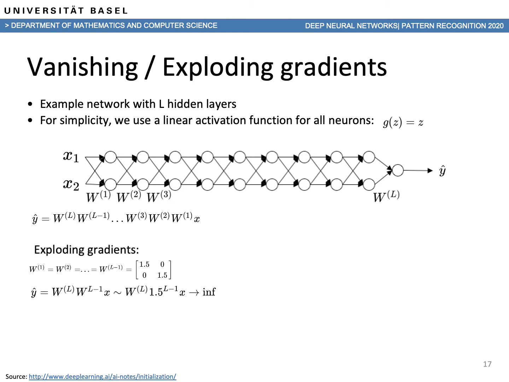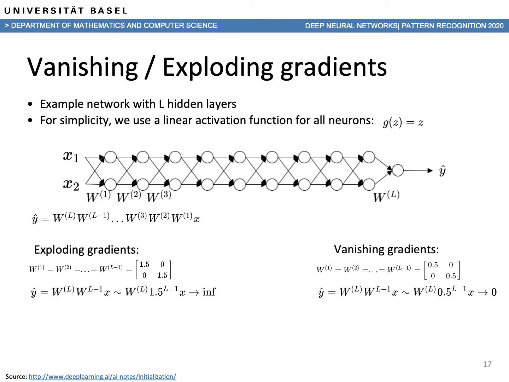And this is what is known as exploding gradients. On the opposite side, if we initialize our values to some slightly less than 1, namely 0.1, then we would see by these many multiplications that our values go towards 0. And this is known as vanishing gradients.